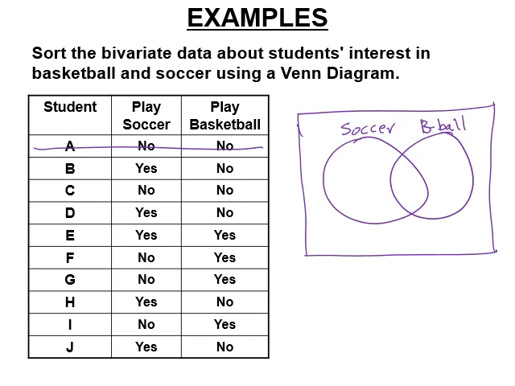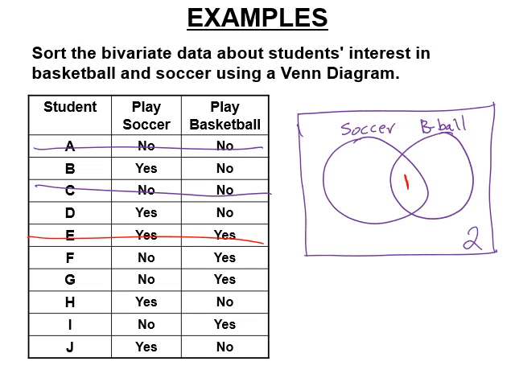There's person A, person C, and that's it. So there's two that don't play either soccer or basketball. All right, for both, I just see one.